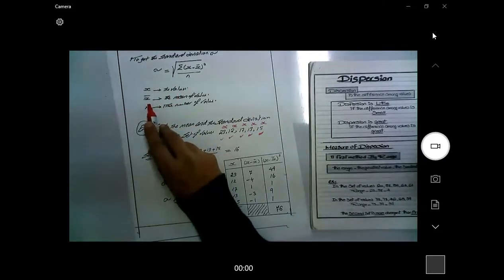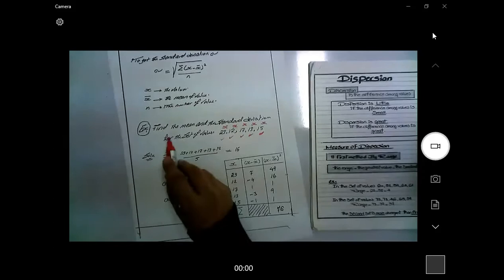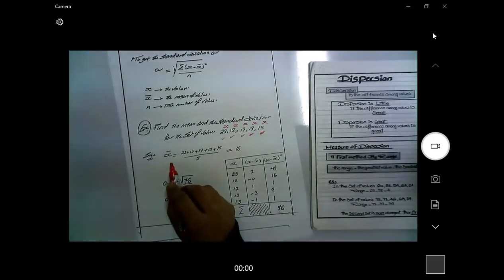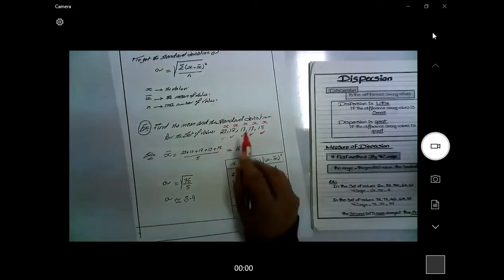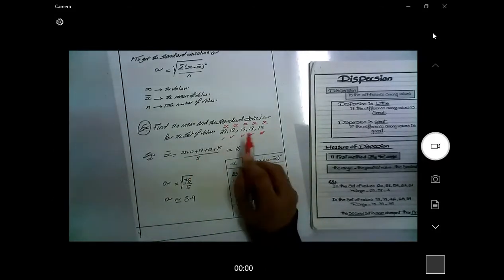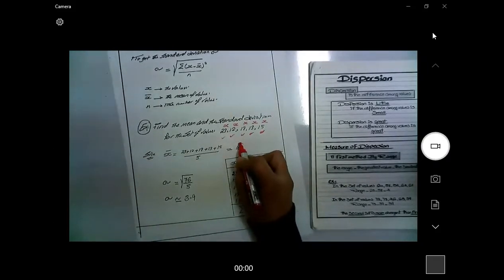X dash is the mean of these values. So we'll start by getting the mean x dash. X dash equals the sum of values divided by the number of values: 23 plus 12 plus 17 plus 13 plus 15, divided by their number, which is 5. Then x dash equals 16.